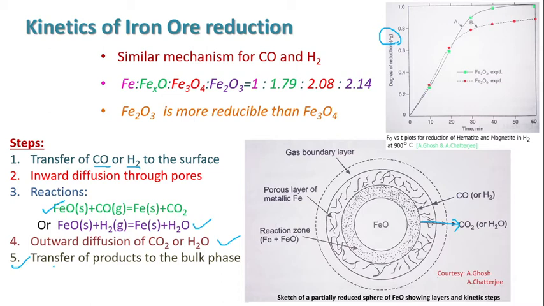In other words, all of them have to be considered as partially rate controlling steps, and the overall rate would depend on various factors like the temperature, the gas composition, the size of the particle, and the nature of the particle. Nature of the particle means its structure, its composition, gangue composition, porosity, all these things. So all has to be considered for the reduction kinetics.